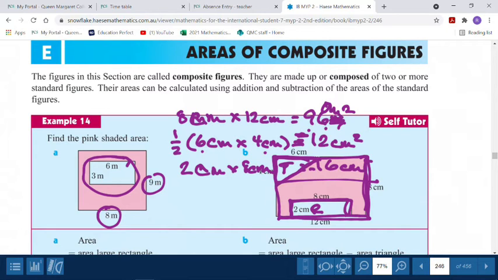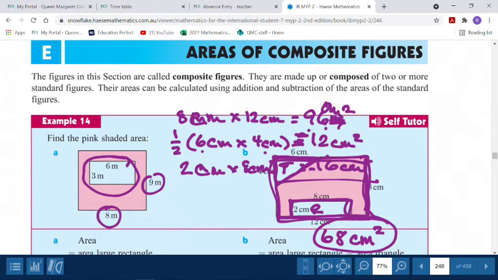So we're going to do 96 minus 12, which gives me 84. And minus 16 more is, pardon? 68 what? Centimeters squared. All right? So sometimes you'll have to complete the shape and then subtract out the pieces that you don't need.